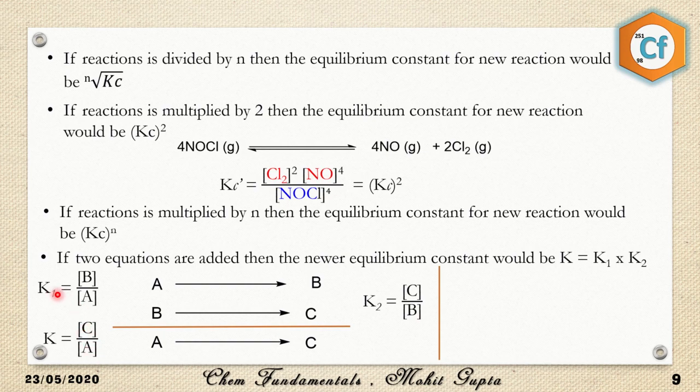If I multiply K1 and K2, I get B by A into C by B, which equals C by A. And C by A is the equilibrium constant for the final reaction. Which means if you are adding two reactions, you have to multiply them, and if you are subtracting two equations, you have to divide them.